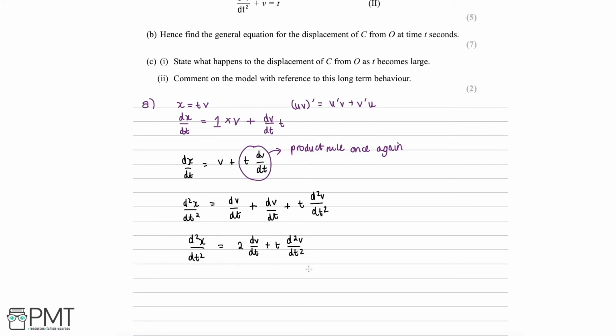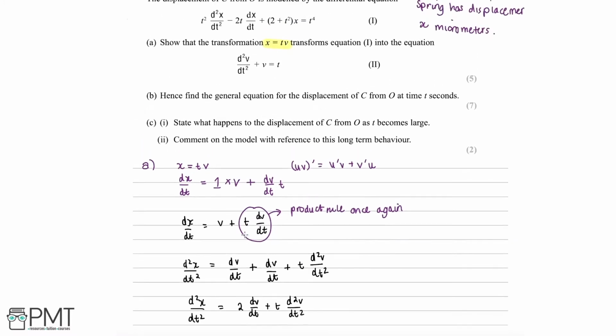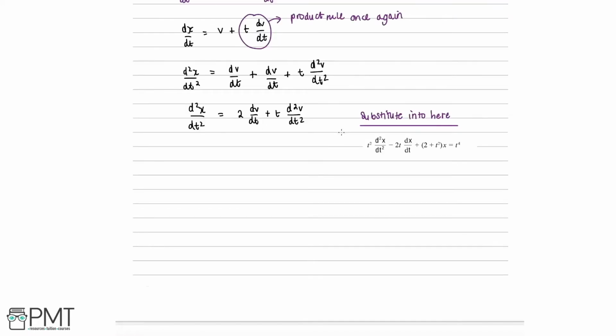Great, so now that we have dx by dt and the second derivative of x with respect to t, we can substitute this back into our equation I in order to find out an equation in terms of only v and t variables. So let's substitute our dx by dt, our second derivative of x with respect to t, and our x, which we can recall is equal to tv, into here.